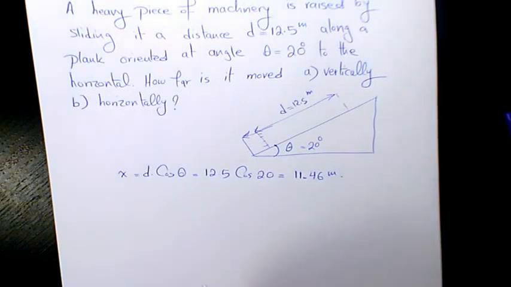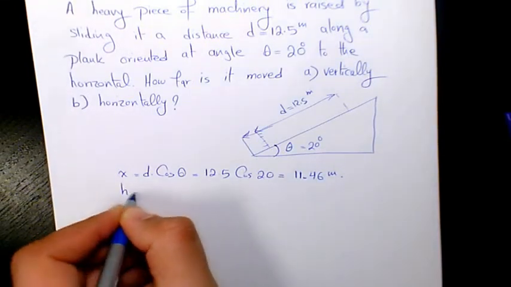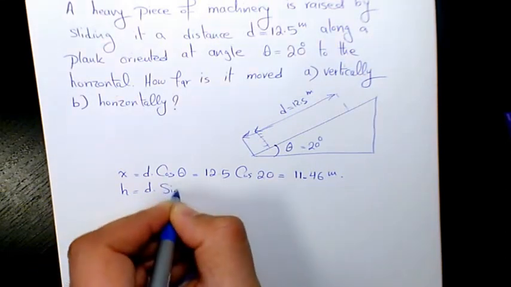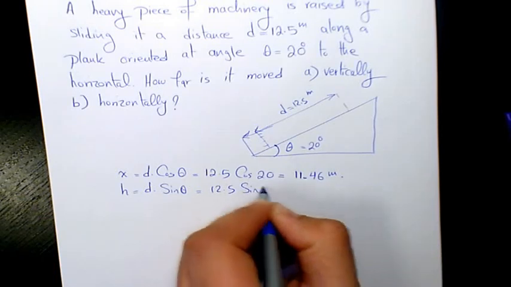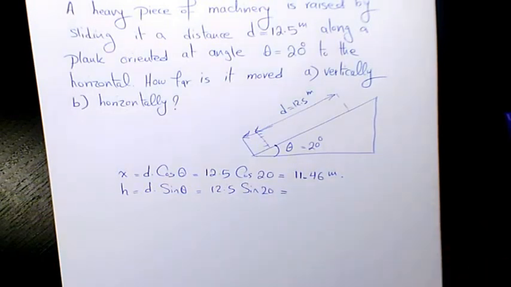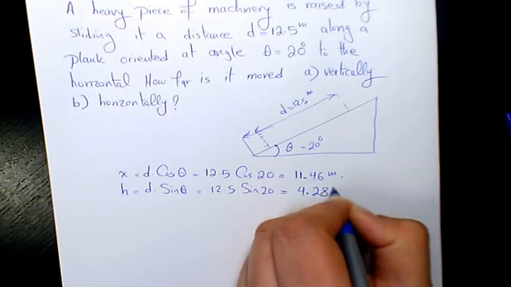That's the horizontal distance. The vertical distance or height is going to be d times sine theta. So it's going to be 12.5 sine 20 degrees. That makes it 4.28 meters.